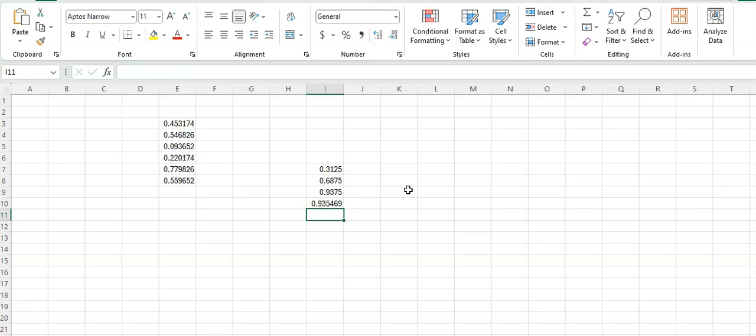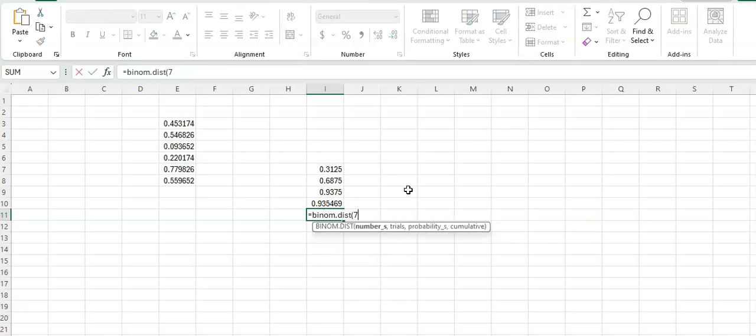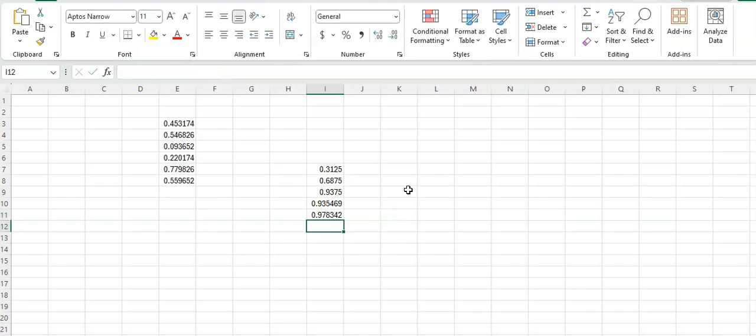Now we're going to do the same thing again, but we're going to use the 7 and true. And this is going to give us the probability that x is less than or equal to 7.